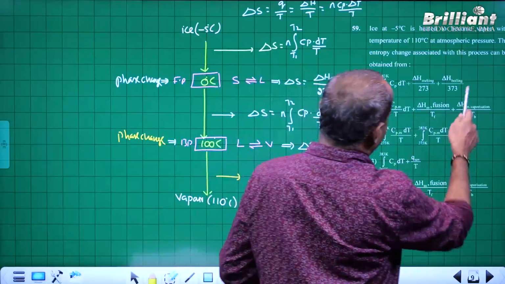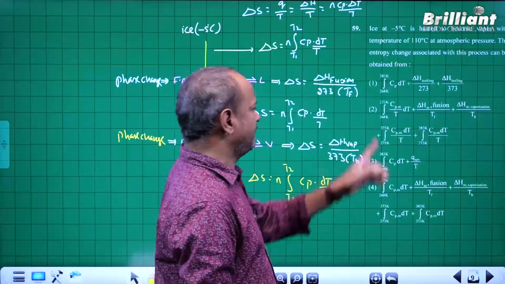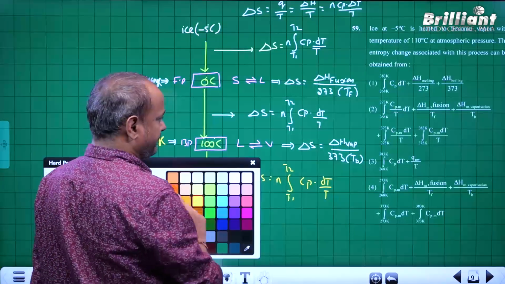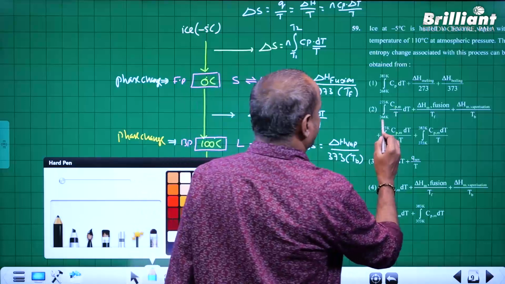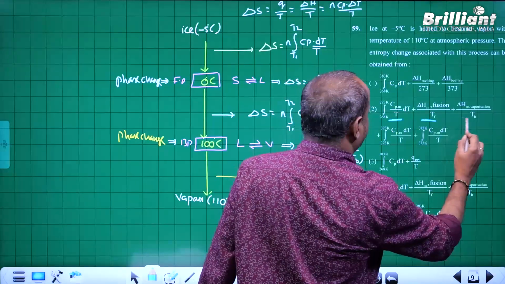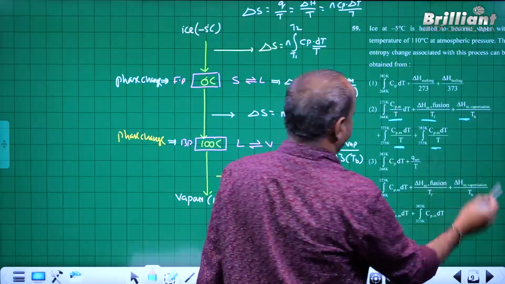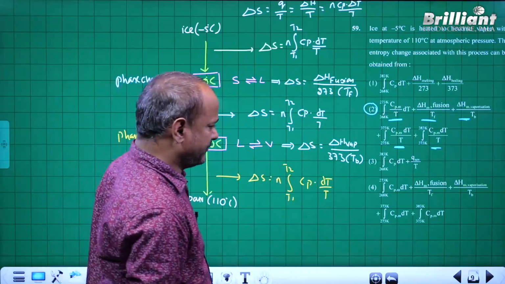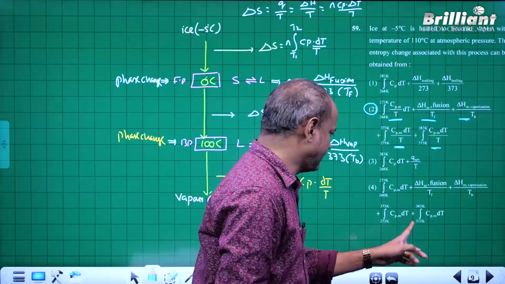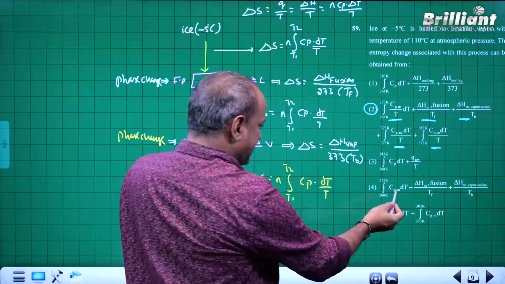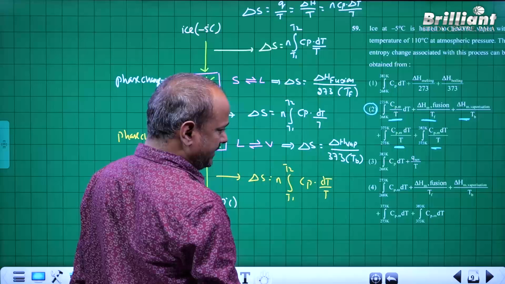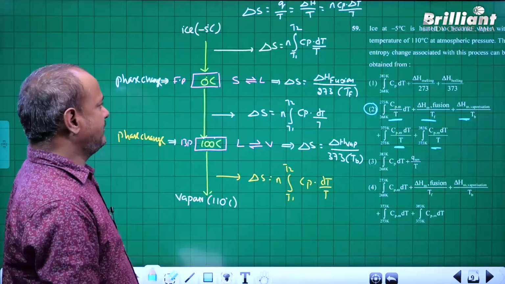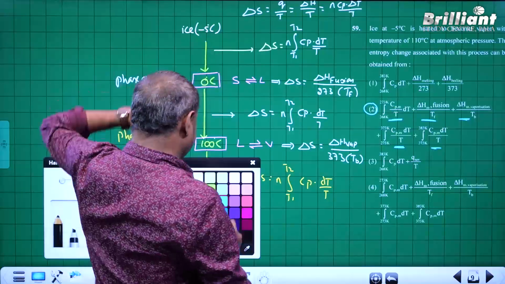First option has 1, 2, 3, only 3 steps, not correct. Second option has 1, 2, 3, 4, 5, 5 steps. So option 2. Option 3 is not correct. Option 4 has 1, 2, 3, 4, 5 steps, but it is wrong because of Cp dT by T. So option 2 is the correct one. n value is 1 mole only.